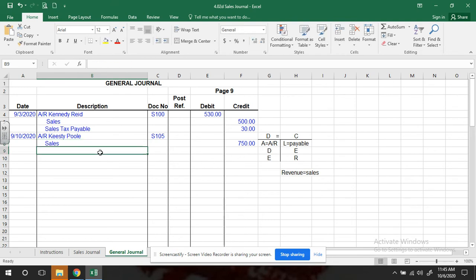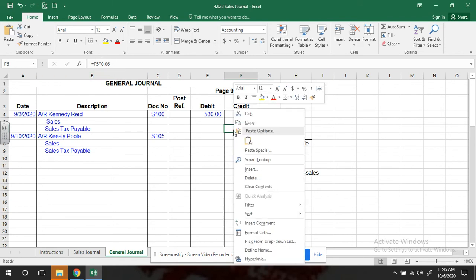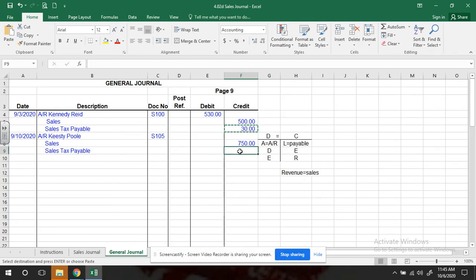And then you got to figure out sales tax. So I'm going to take the formula here that I used before with the 6%, and I'm going to copy that and put it in this box. So it just copies the formula, but it uses the current information.